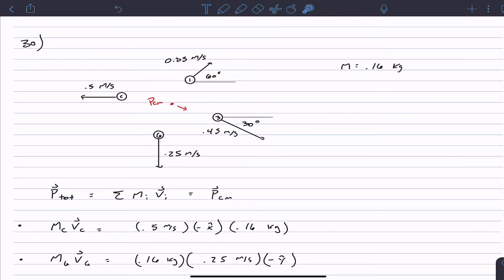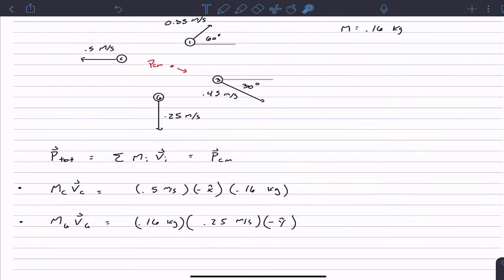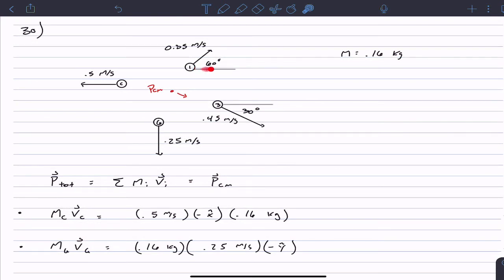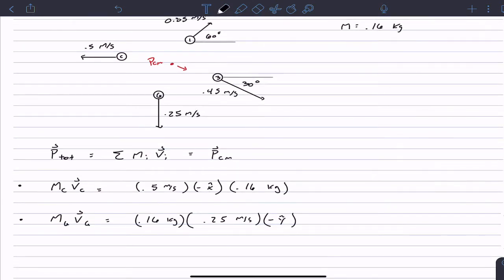Now I just drew a horizontal for these. We're told that this one is traveling 0.35 meters per second at 60 degrees above the horizontal. So we have two components, and the same thing for this one, we have two components. This one's positive x hat, positive y hat. This one's positive x hat, negative y hat. So let's continue writing these down. So now we have m1 v1. So ball 1, this here.